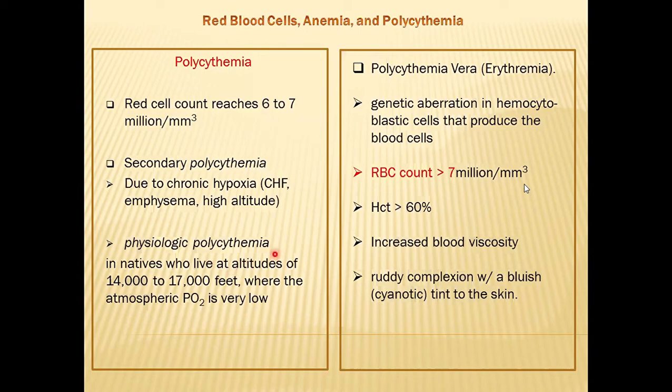So there are two types, the polycythemia vera or erythremia. This condition is due to genetic aberration of hemocytoblastic cells that produce the blood cells. So the RBC count will reach up to 7 million per cubic millimeter, and they will have a very high hematocrit. What's the normal hematocrit?